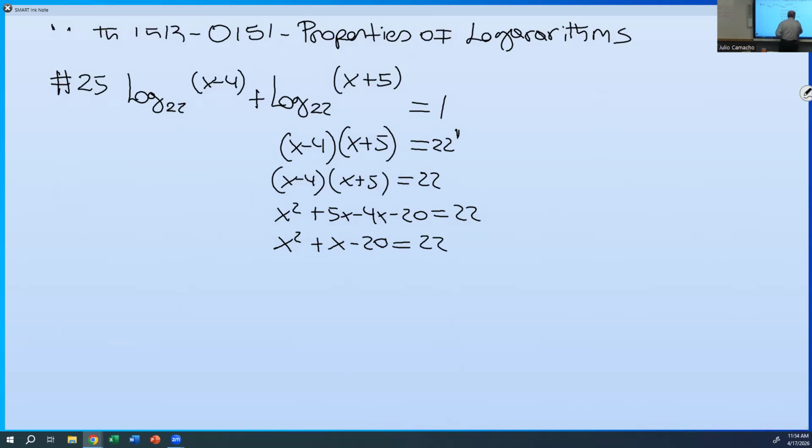Then I subtract 22 from both sides. And when I do that, I have x squared plus x, and then negative 20 minus 22 will be minus 42. Let me see, 20 and 42.